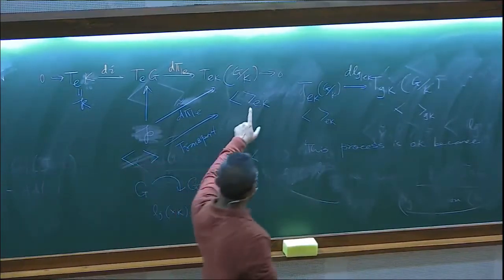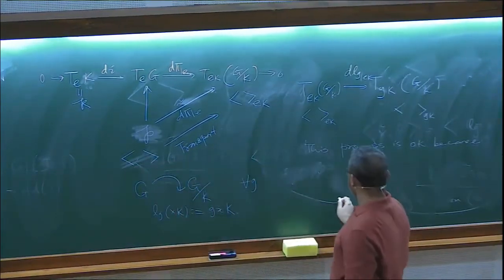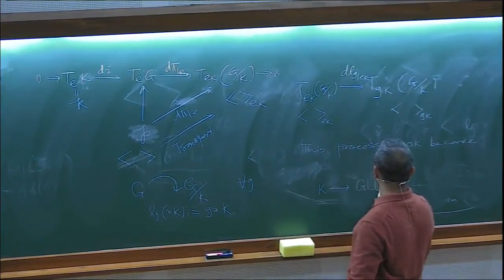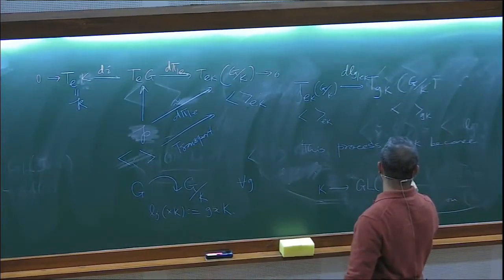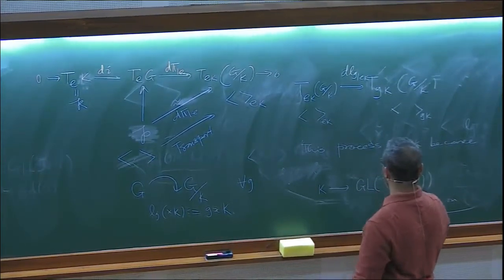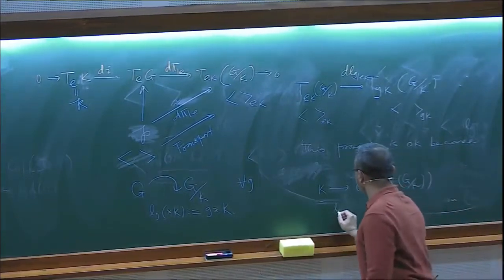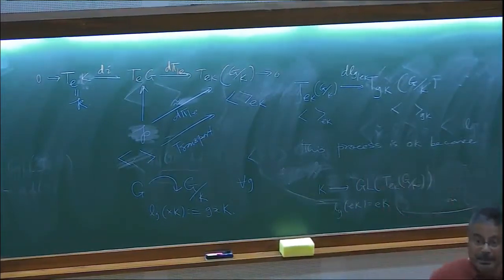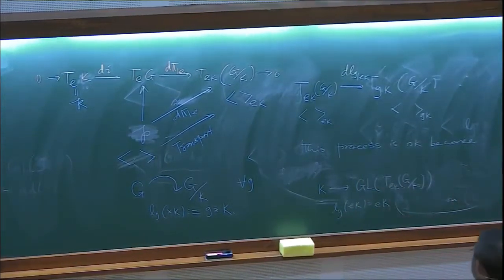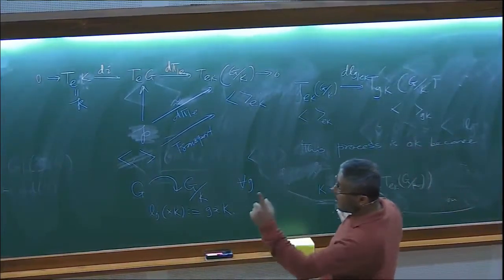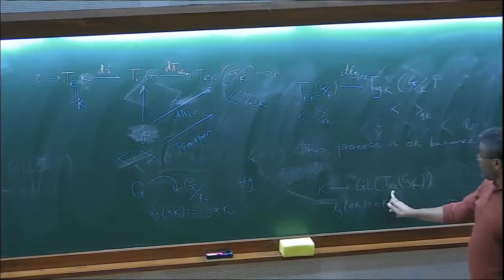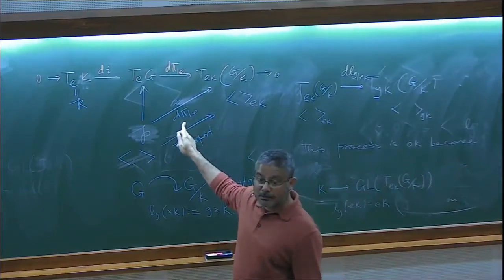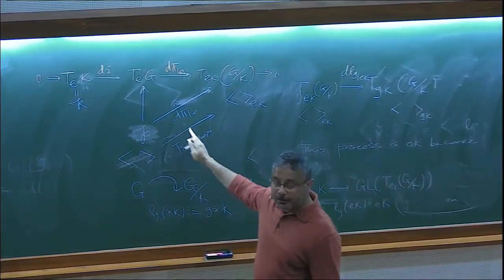See, my group K acts on Ek. Because L_k keeps the point fixed, the derivative of L_k gives me a representation of K inside GL of T_Ek G mod K. So K acts on P, K acts on T_Ek G mod K, and this map that I've given is a K-equivariant map.